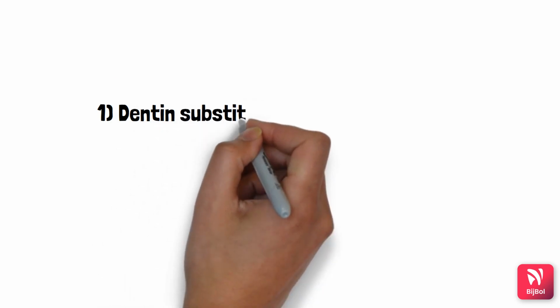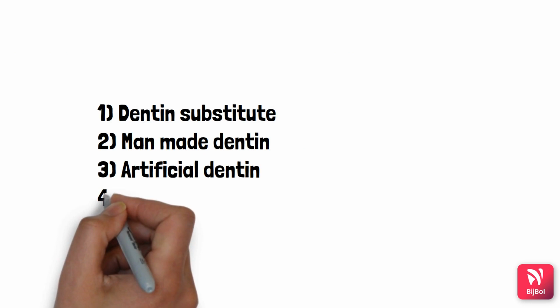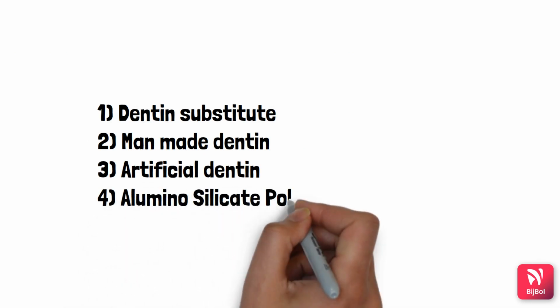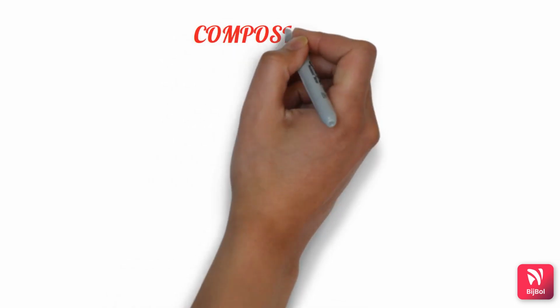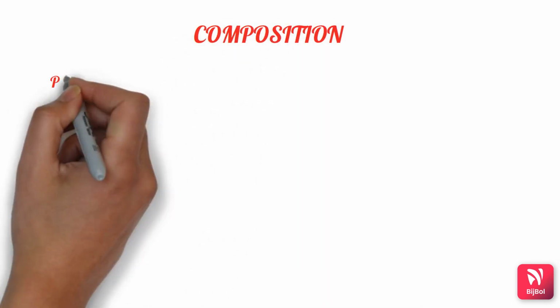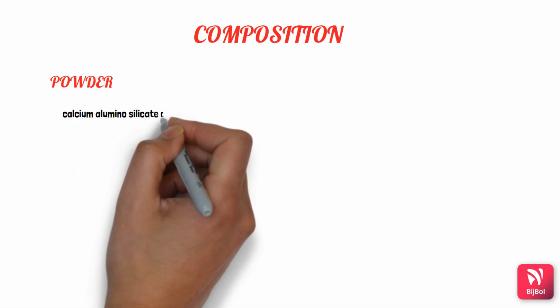If you see, the other names of GIC are dentin substitute, man-made dentin, artificial dentin, and aluminosilicate polyacrylic acid, that is ASPA. Coming to the composition of the GIC, the powder contains calcium aluminosilicate containing fluoride.